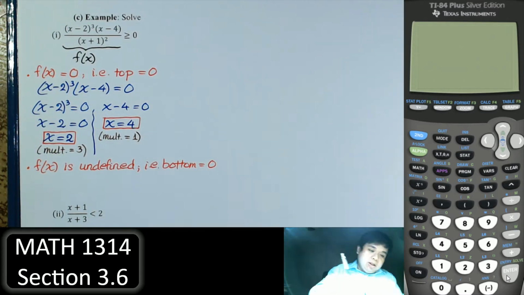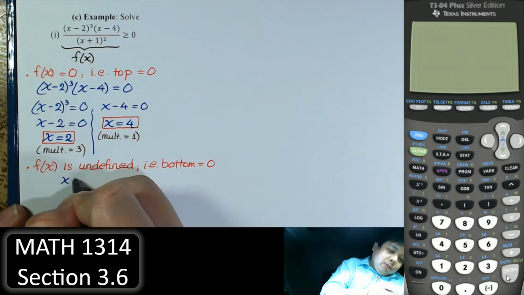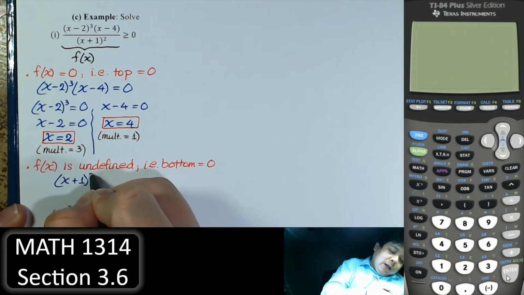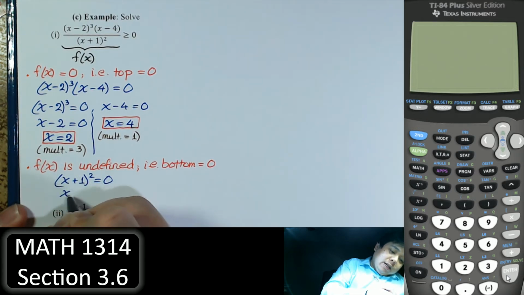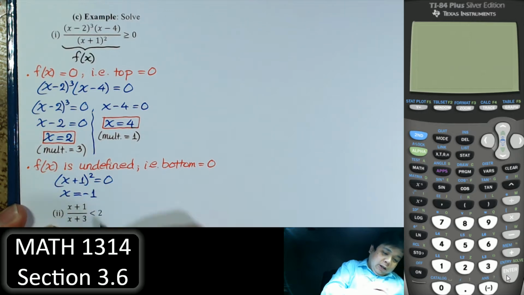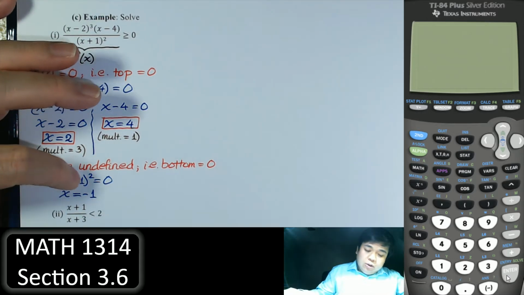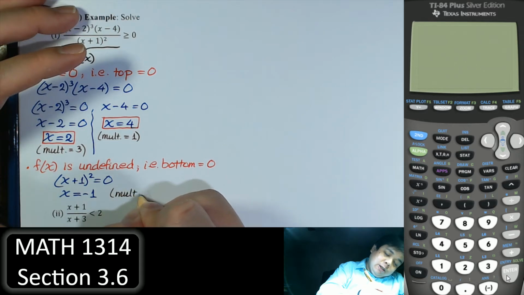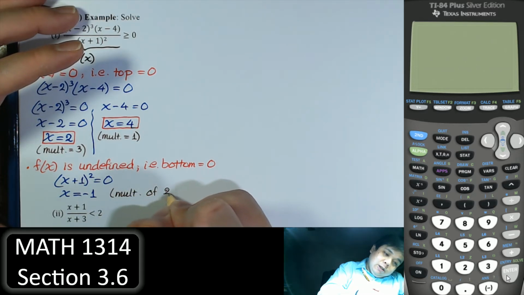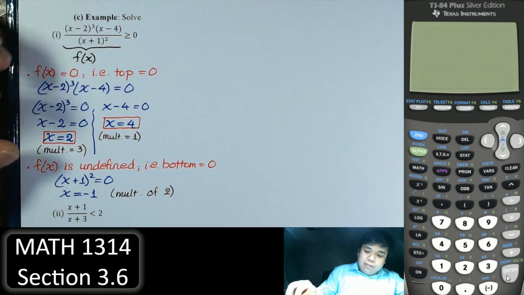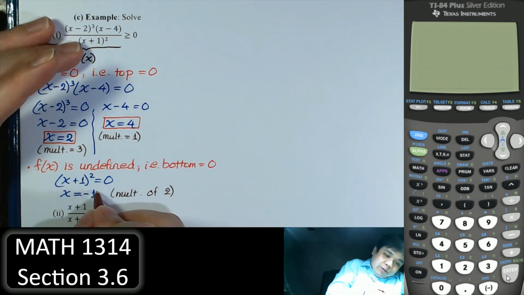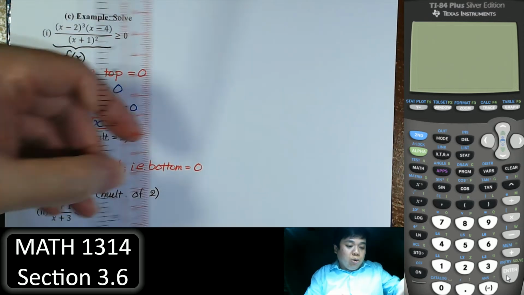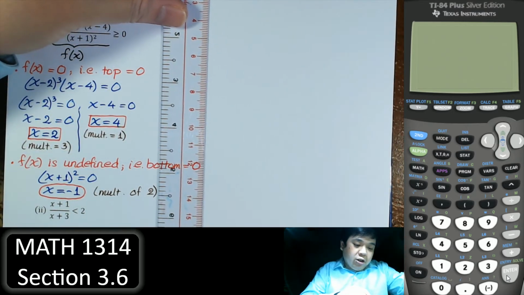So we have (x plus 1) squared equal to 0. So x equals negative 1, and this is multiplicity of 2. That is the value that makes the bottom equal to 0, which means the function is undefined.